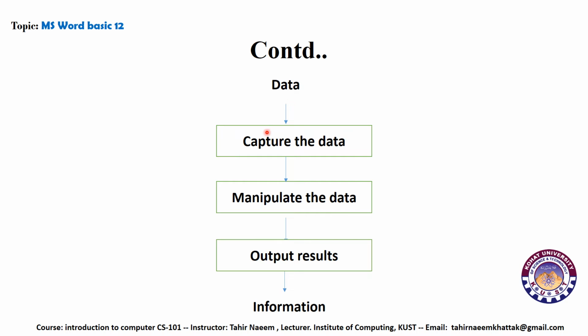So first, we capture the data; the second step is manipulation of data; the third step is the result or output; and the fourth step is information. These are the different processes of electronic data processing.